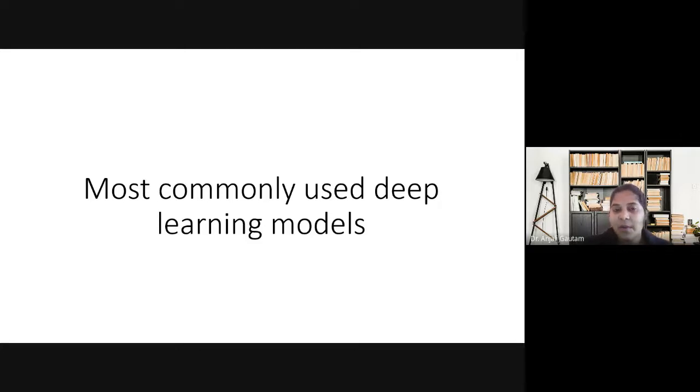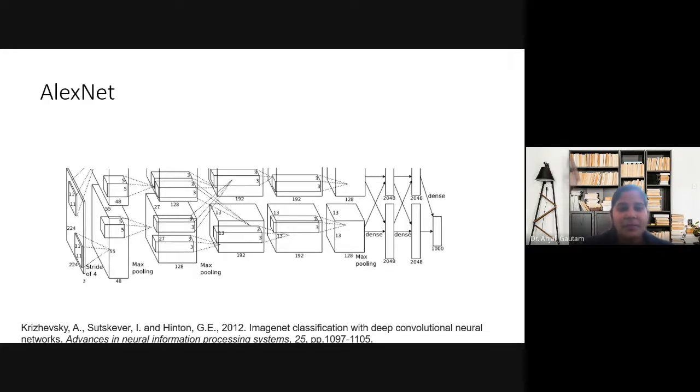Some of the most commonly used deep learning models which we are going to discuss now start with the AlexNet architecture. This is just the model name, designed by Krizhevsky in 2012.